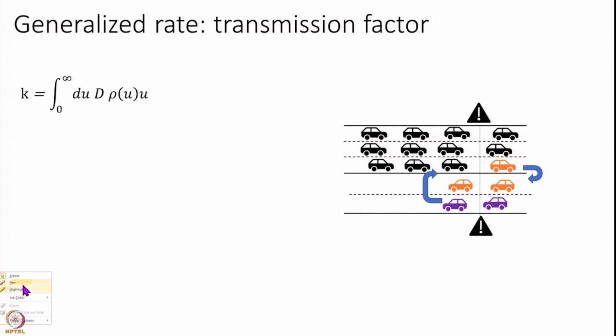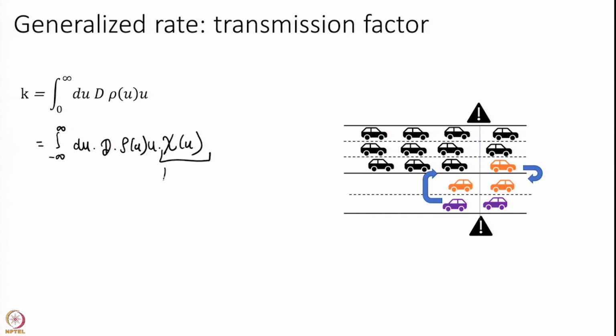So, we have to make this a little bit more general, and our way is we hide all of this funny business in the following form. We hide all the funny business in this chi, and we call chi, the funny chi, the transmission factor.